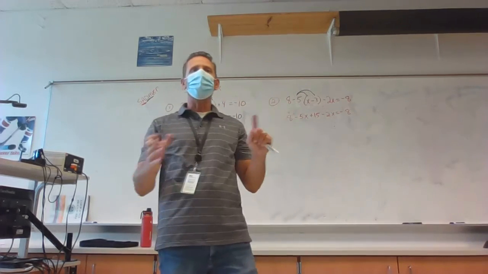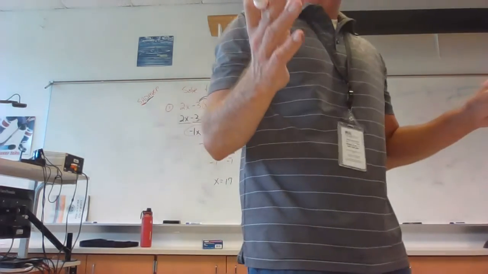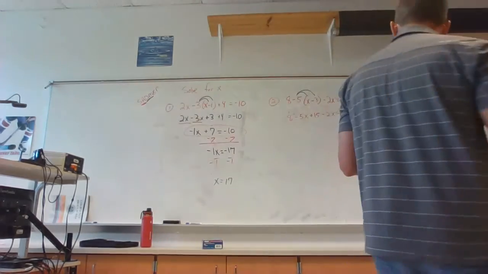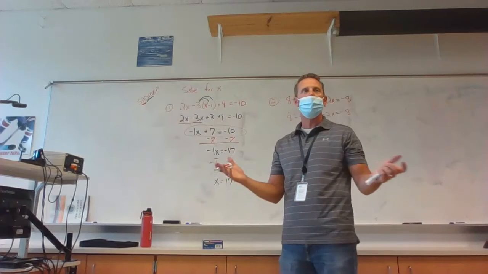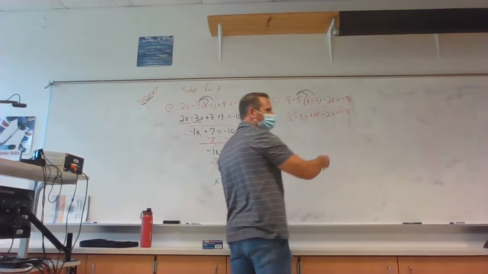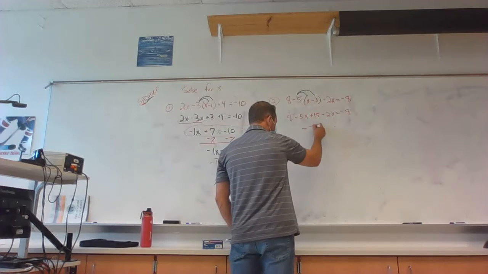Now, we're not moving anything to the other side of the equation yet. We're still just simplifying. Combine like terms. A -5 and a -2 is a -7.